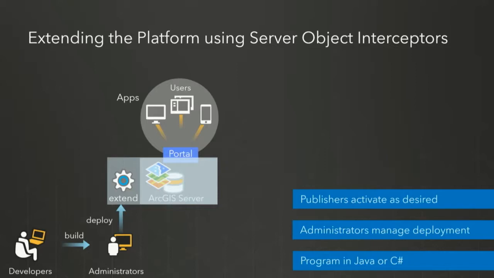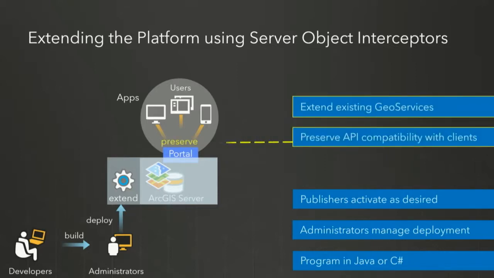And what you get at the end of it is an extended GeoServices API that is exactly the same as far as the client applications and the APIs are concerned. All that you changed is the behavior behind the scenes. So you preserve the API in all cases. That's pretty powerful. And the way it works is very simple.